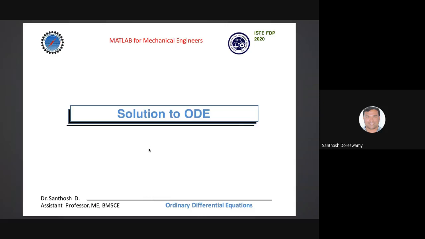Okay, so now let me give you an overview of what type of solution techniques are covered in solving ordinary differential equations.